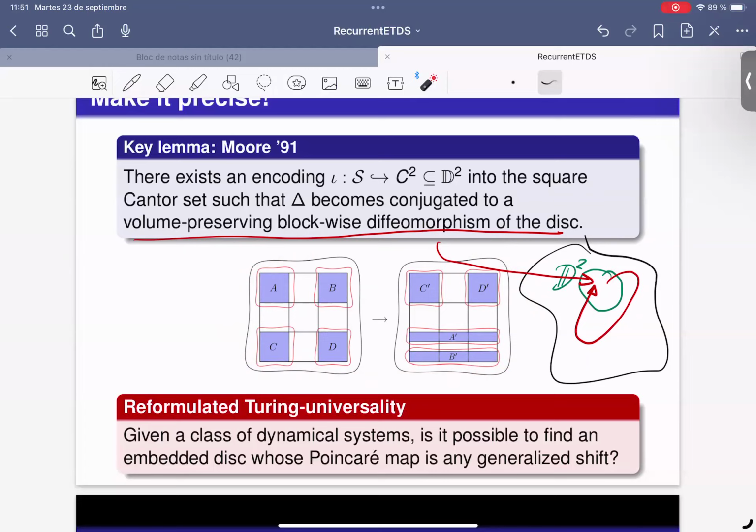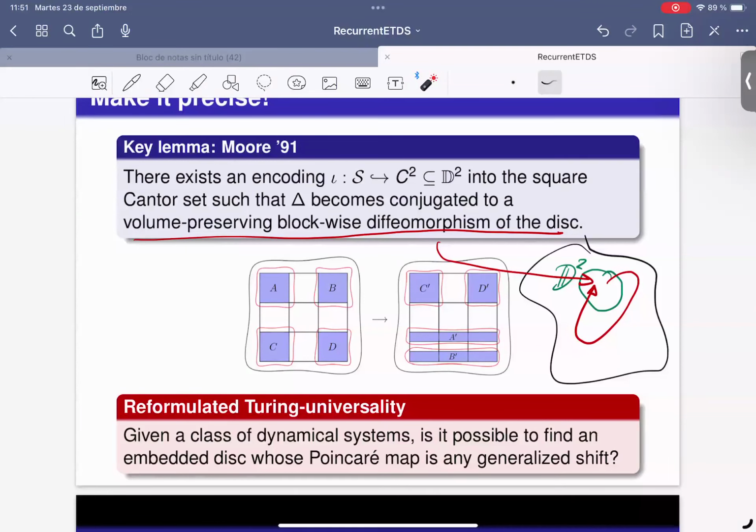If you give me a block-wise diffeomorphism of the disk, I have to construct a certain continuous dynamical system, as happened for the naive Turing universality, where if you gave me a smooth vector field, I constructed a certain Hamiltonian system. Here it is the same. If you give me a certain block map, I will handcraft a continuous dynamical system that represents it as a Poincare section. More questions, comments?